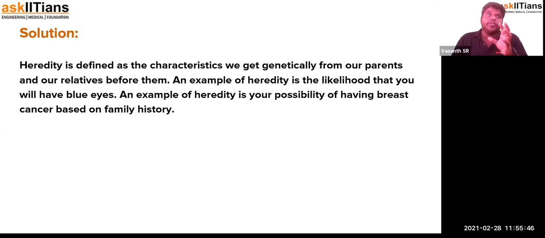For example, a person who has the possibility of having a genetic disease could transfer it to the next generations. Heredity is where good characteristics can be inherited, bad characteristics can be inherited, and useless characteristics can also be inherited. This is heredity, and I've given you an example.